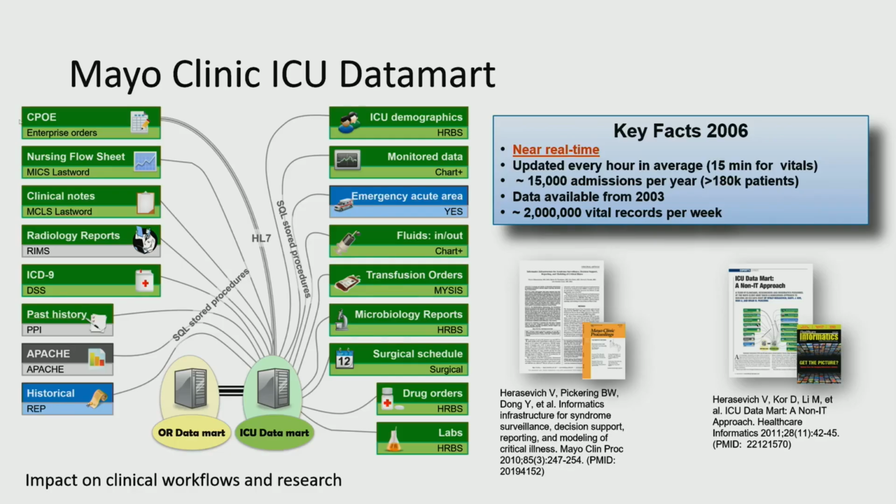I'll give you an example of the Mayo Clinic ICU data mart that we created back in 2006, dealing with the exact complexity I described. At that time, we had a fully digitized electronic medical record, one of the first in the United States. It was not Epic by any means, but to be able to extract data pertinent to critical care patients, we pulled data out of very different electronic sources, databases, and so on.